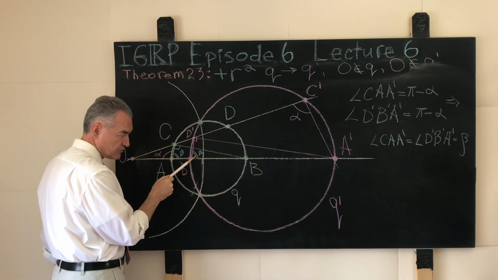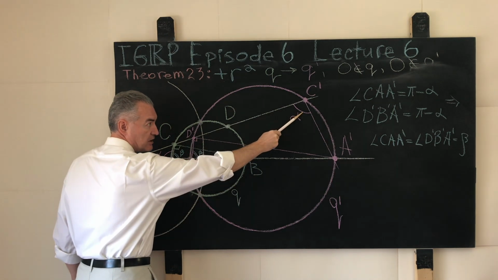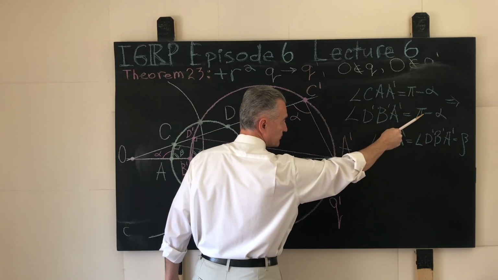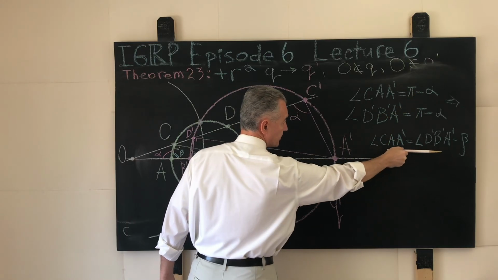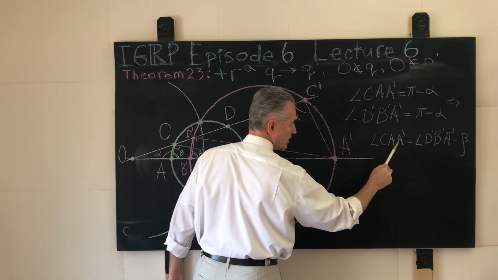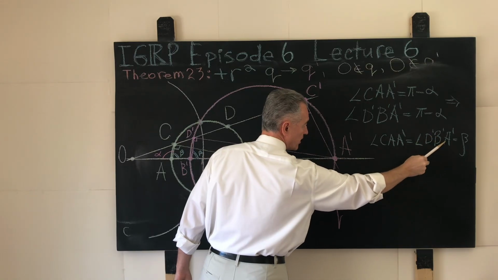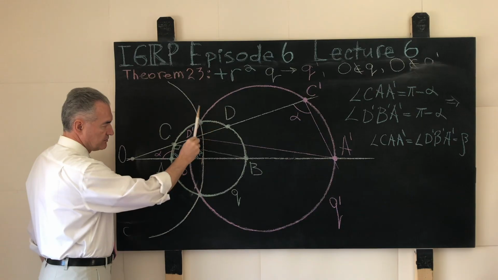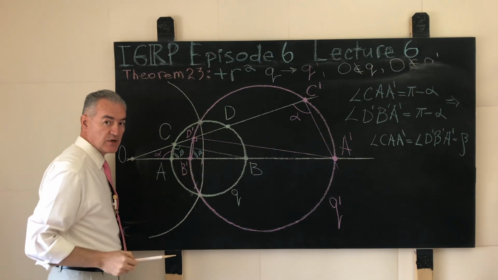Consequently, the magnitude of this angle is pi minus alpha. But now we have two equal expressions, pi minus alpha, pi minus alpha. That means that these two angles, the angle CA prime and D prime, B prime, A prime, by magnitude must be the same.